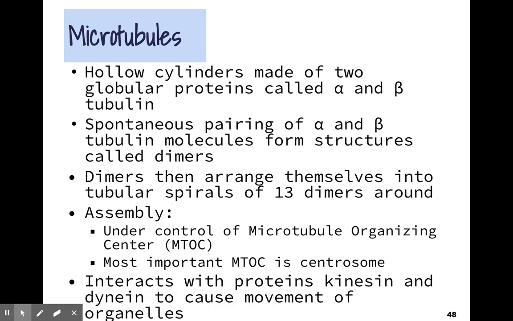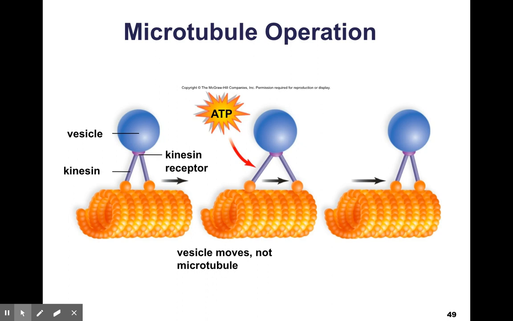The centrosome is what holds the chromosomes together, and we see that during mitosis. It interacts with proteins, kinesin and dynein, to cause the movement of the organelles. So these microtubules attach to organelles and help to move them around. Here, as we can see, this is our microtubule operation.